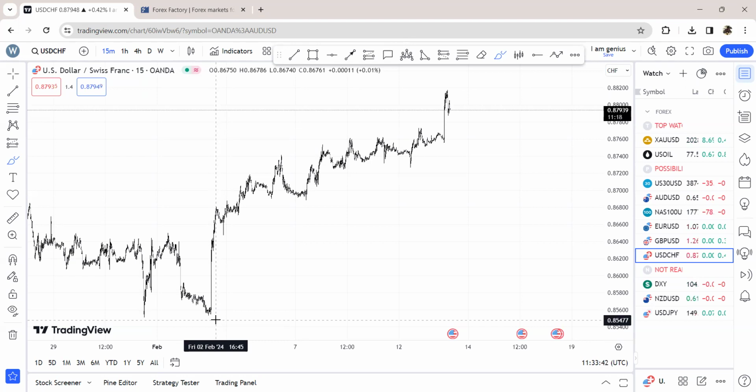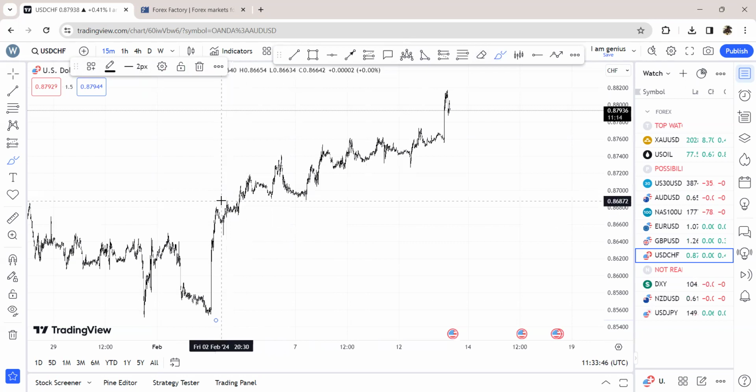Okay, somewhere around that level. So probably 4:30 is within that range, the one I've just drawn. Yeah, it's around there.